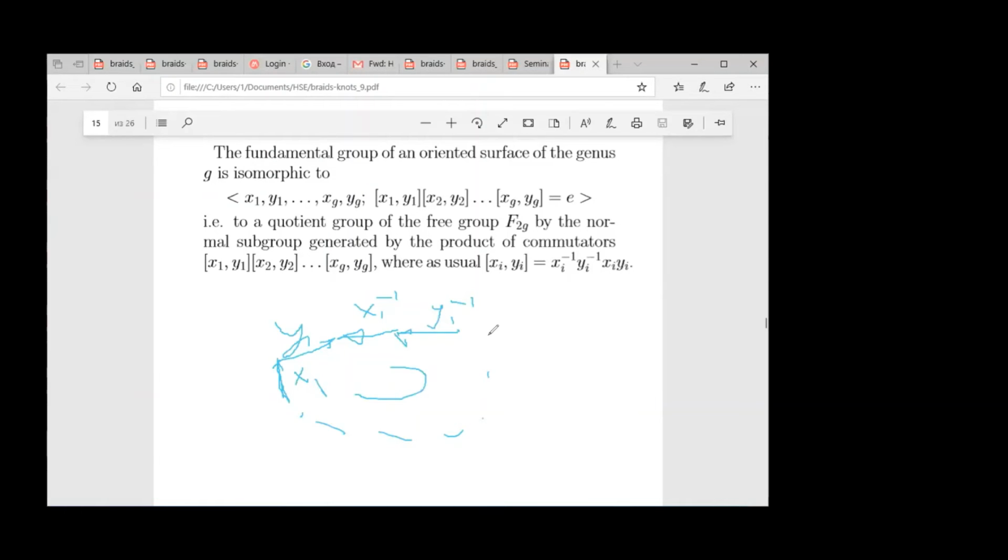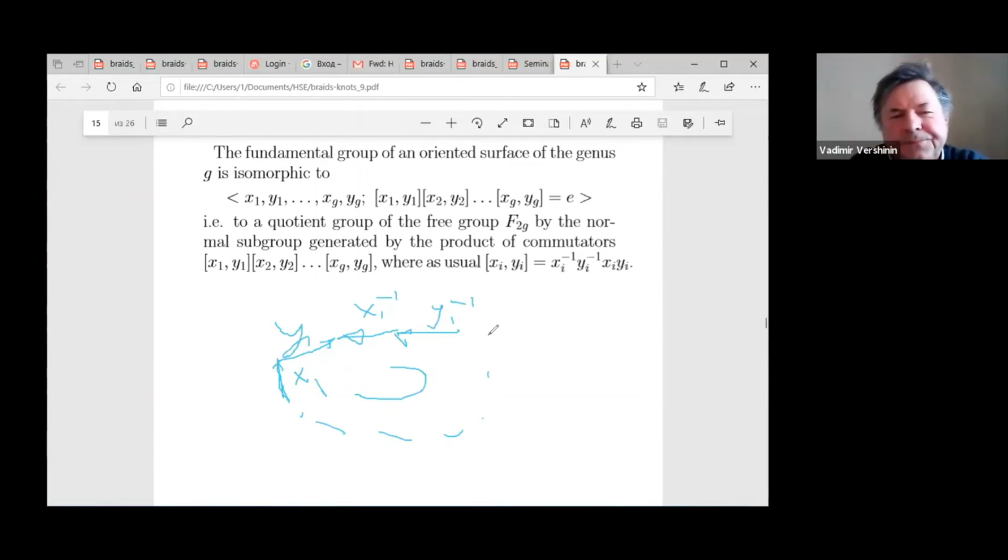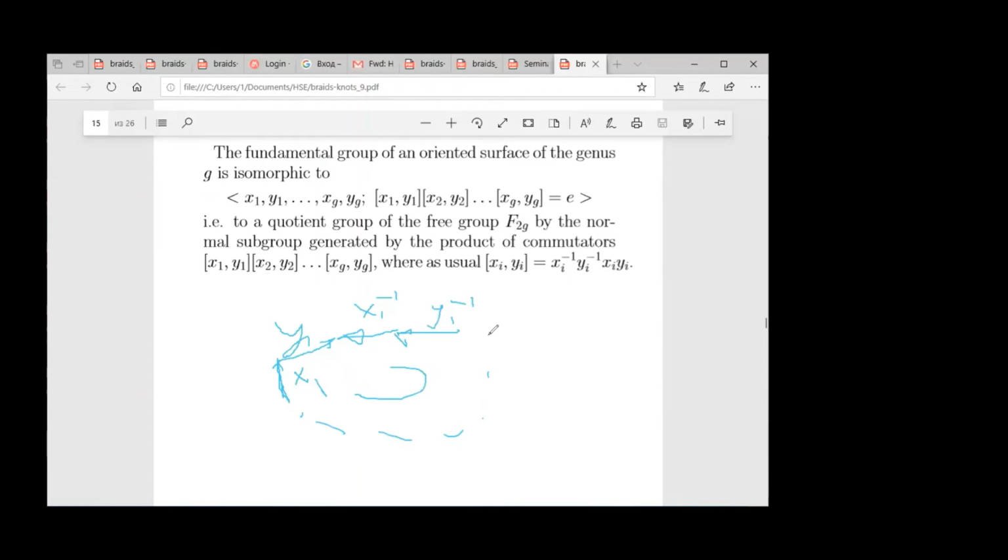Yes, and in your picture x and y are our loops in the fundamental group. All vertices in this picture are glued into one vertex, and we take exactly this point as the start point of our loops.